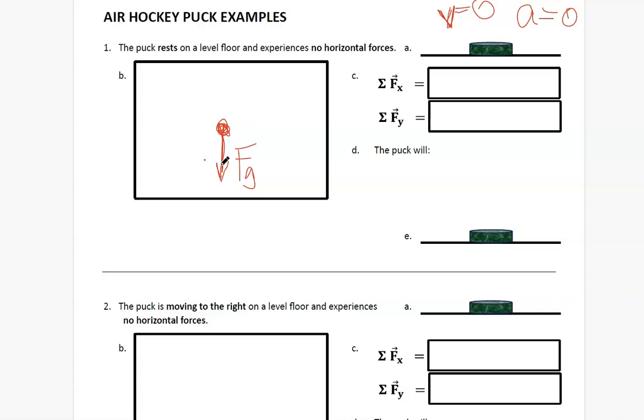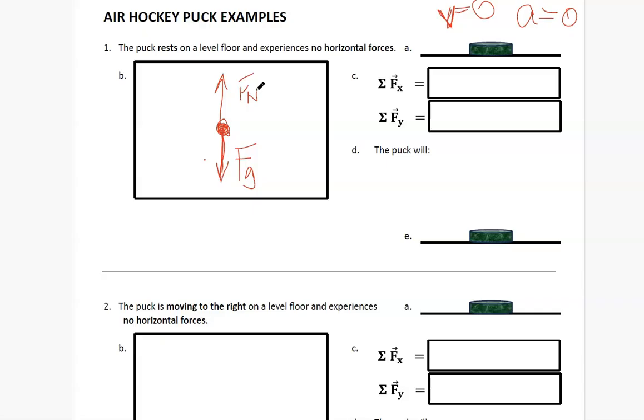So we know there's an opposing normal force from the ground on the hockey puck. So the weight force is the earth on the hockey puck, and then the normal force is the ground or the table on the hockey puck in the opposite direction, and that's what keeps the puck from moving vertically. We have no horizontal forces, so this is it. These are all the forces acting on this particular hockey puck.